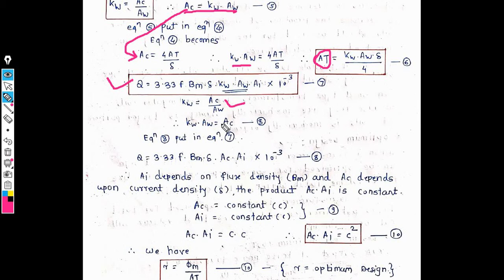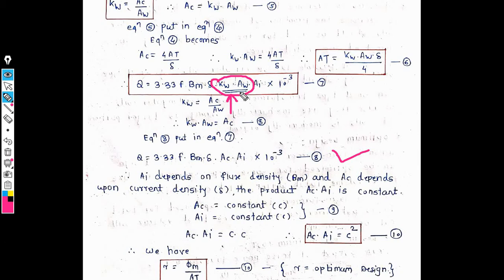Now in equation number 7, put KW AW in place of AC. Then the equation is Q is equal to 3.33 F into BM into sigma into AC into AI into 10 raised to minus 3. That means in the output equation we have to put AC is equal to KW into AW.